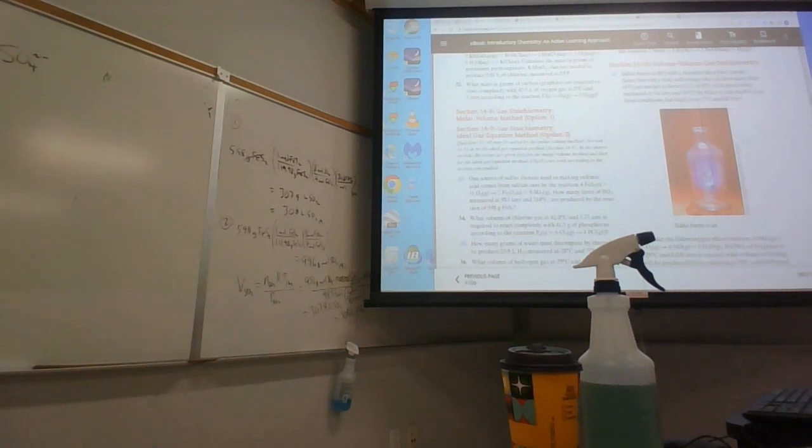And so to go from liters to moles, there are different ways we could do this. We could use the molar volume at STP. We could use the molar volume at RTP, or we could just use the molar volume at any temperature and pressure, or we could use the ideal gas law. Ideal gas law is the number of moles is equal to PV over RT.